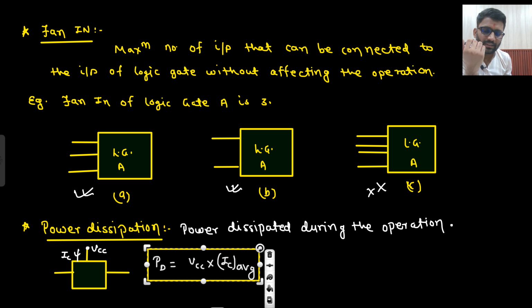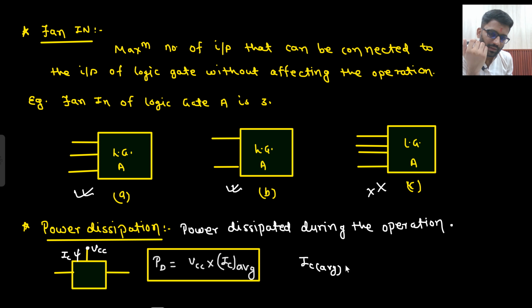Now what do you mean by this IC average? Your IC average would be the current when output is high. Okay. So how should I write it? IOH I should not write. IOH would be a different parameter. Just the output current when output is high.